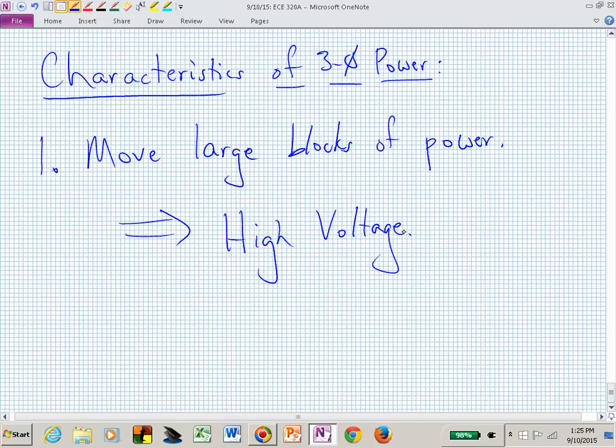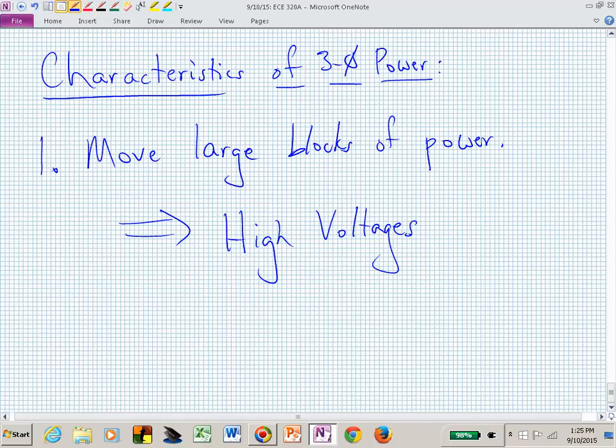with high voltages. Why do we want high voltages versus high currents? We know from the beginning of your electrical engineering circuits that power is VI. Now we've generalized that to be a complex power of V phasor times I star, or I phasor conjugate.